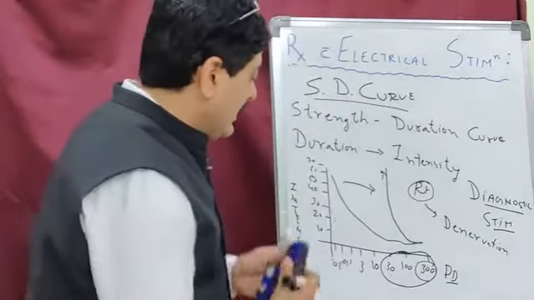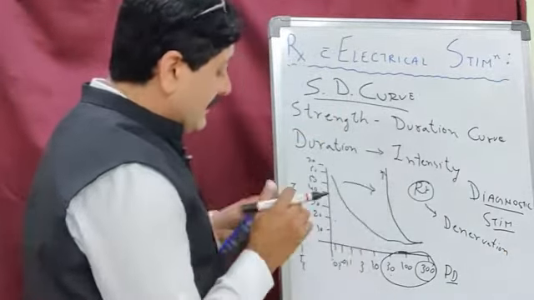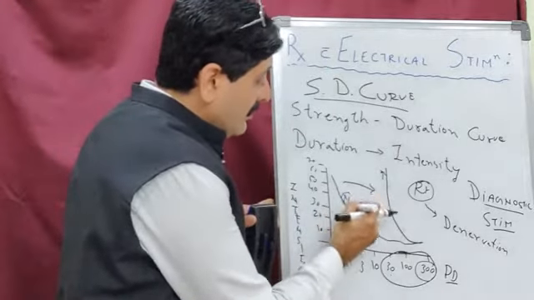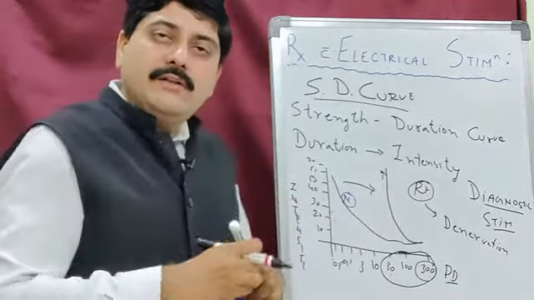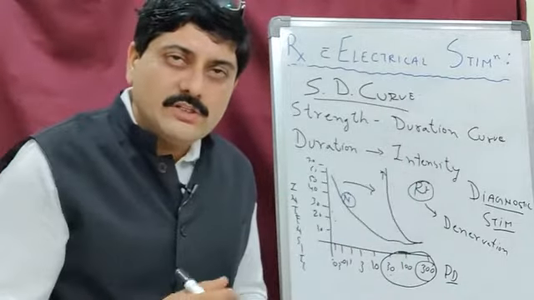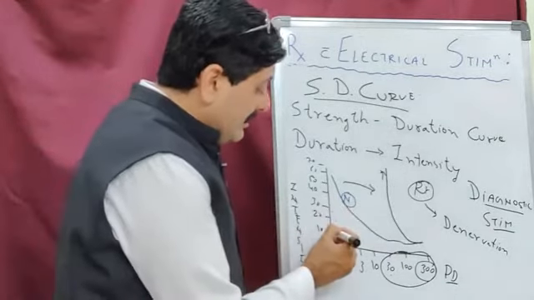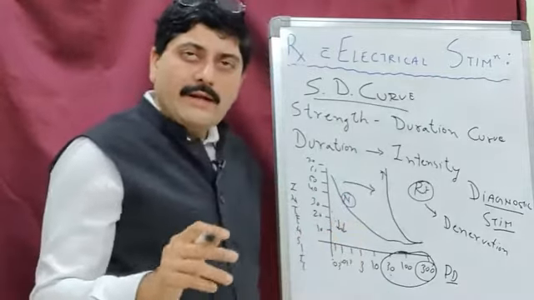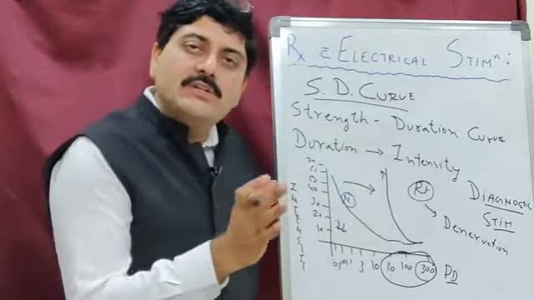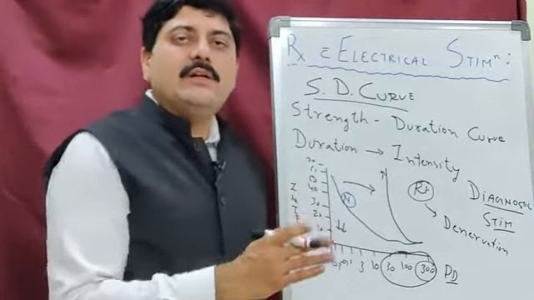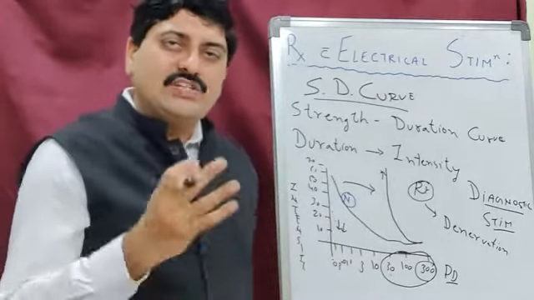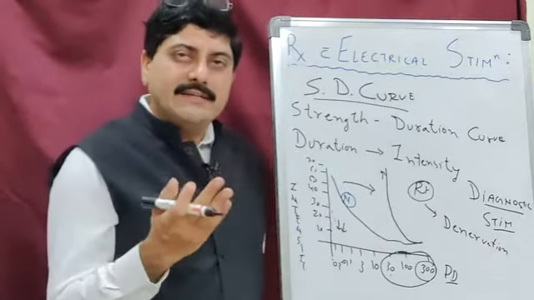Now once again, let me tell you that this is the normal graph with broader pulse durations. The intensity of current required to stimulate is low, right? As the pulse duration becomes shorter and shorter, the intensity of current required to create the action potential tends to increase, right?